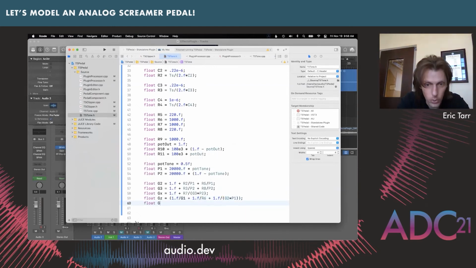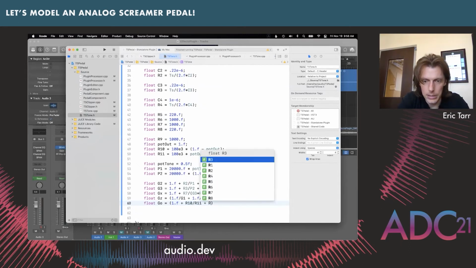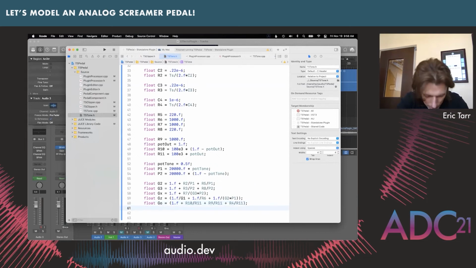Once I type these in once, it'll be easy to copy and paste wherever else we need to use them. This is where I would encourage you to find the plugin that's already been done and make use of that rather than typing all this stuff in.